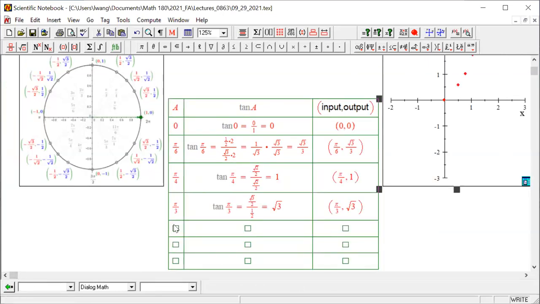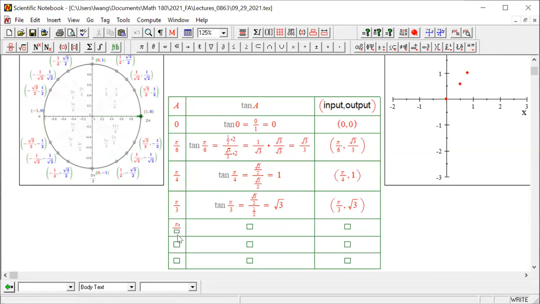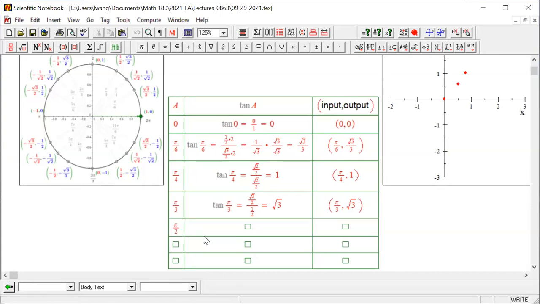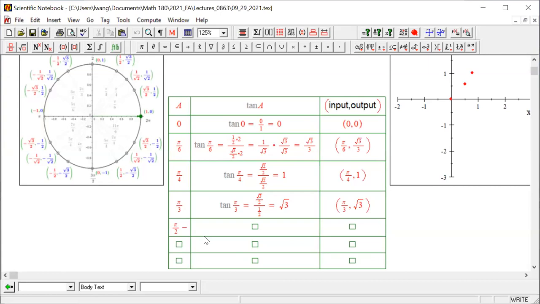So next, I'm going to choose numbers closer to pi over 2. I'm going to use pi over 2 minus 0.02, a number smaller than pi over 2.